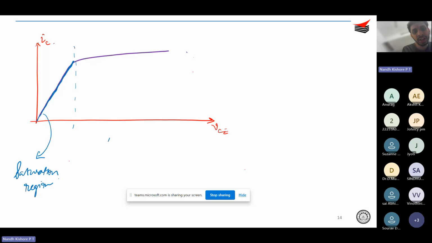Let's say you're feeding a current of IB of some 1 milliamp, for our own understanding, and this is 100 milliamps. This is your saturation current.